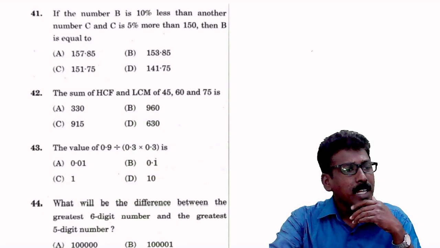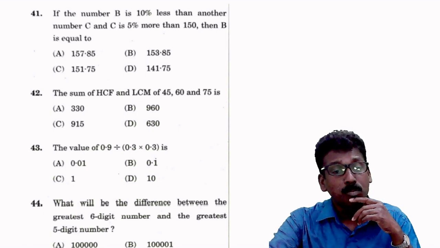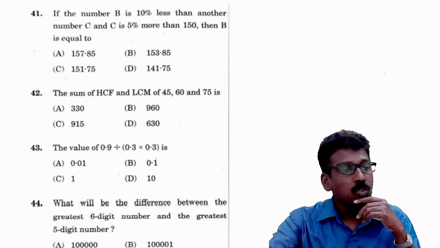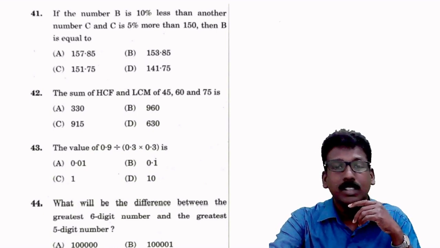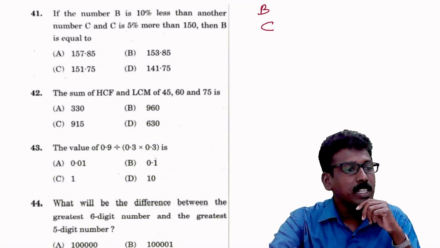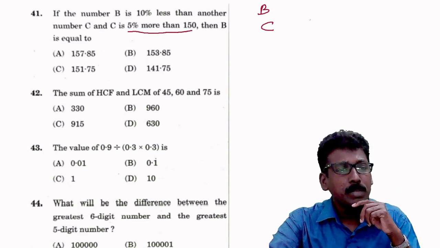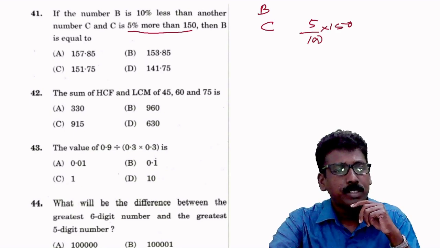If the number B is 10% less than another number C, and C is 5% more than 150. So first we can find out C. There are two letters, B and C. The condition for C is 5% more than 150. 5% means 5 by 100 of 150.